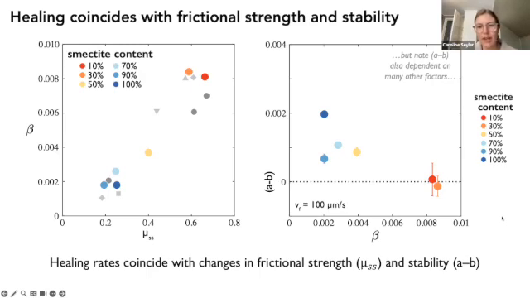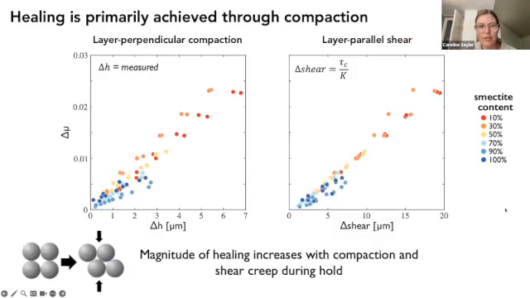So then if we want to think about what might be the primary mechanism of healing in these experiments, we plot here, again, this change in frictional strength during the hold. We're healing here, and that's plotted against the change in thickness of the sample, and then the change in shear displacement during the hold as well.